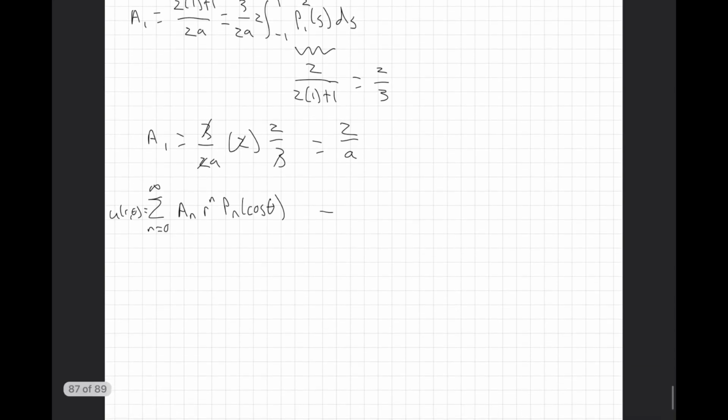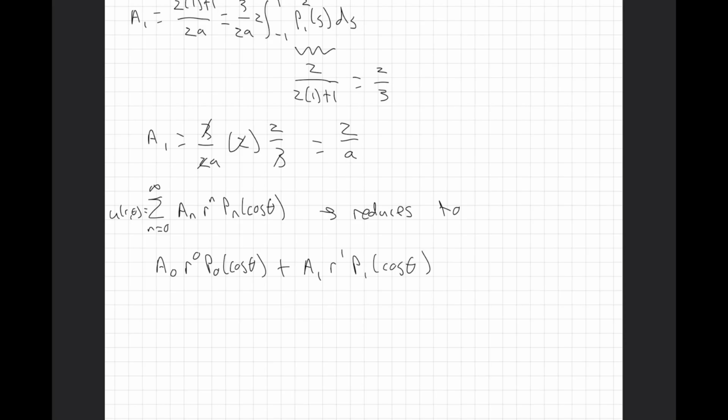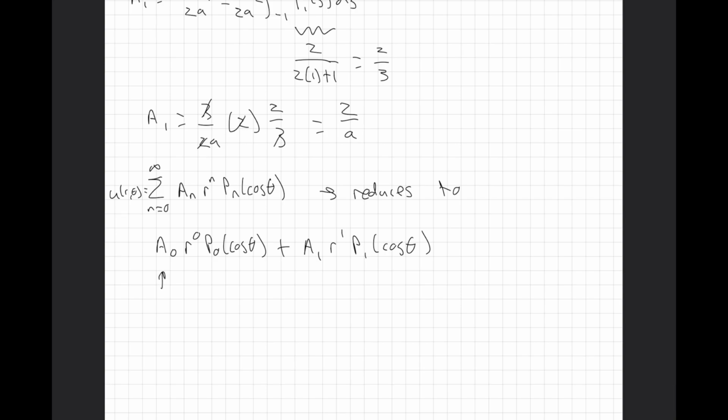So this sum reduces to a sub 0 r to the 0 times p sub 0 of cosine theta, plus a sub 1 times r to the 1 times p sub 1 of cosine theta. We said a sub 0 was 1, so 1 times r to the 0 is 1, times p sub 0 of cosine theta. p sub 0 of s is equal to 1, so p sub 0 of cosine theta is equal to 1. So this whole term becomes 1.